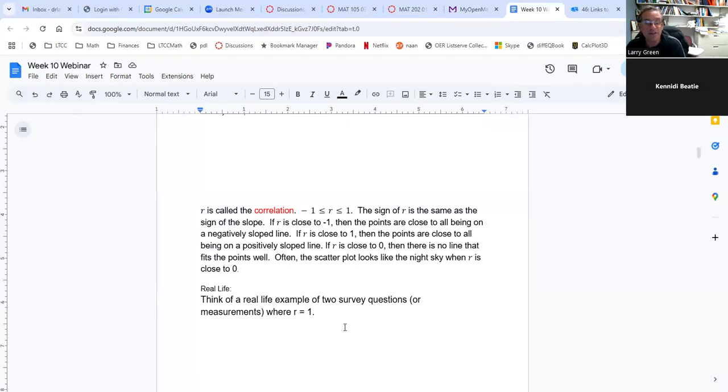Yeah, so with this chapter, there's no yes, no questions allowed. It's only quantitative, two quantitative survey questions, because these are numbers. As one goes up, the other goes up. And if you have no idea, I can give a suggestion, or I mean an example. Any ideas?